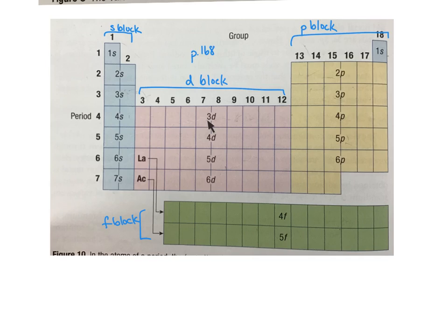The D block, if you're in the 4th period, you have to subtract 1. It's the 3D sublevel. If you're in the 5th period, it's the 4D sublevel. And notice for the F block that you have to subtract 2 from the period number. So period 6, 6 minus 2, it's the 4F. In period 7, 7 minus 2 is 5, and so it's the 5F sublevel.